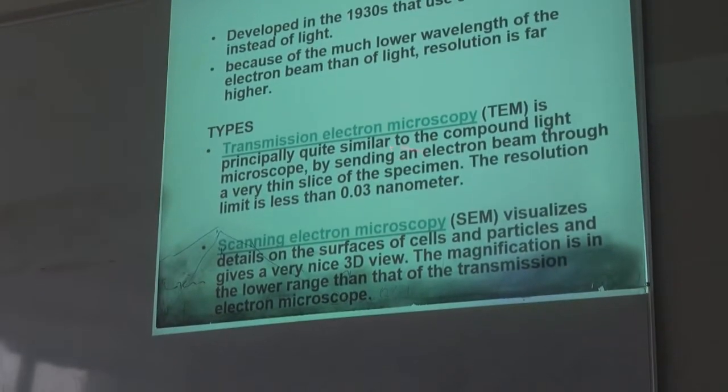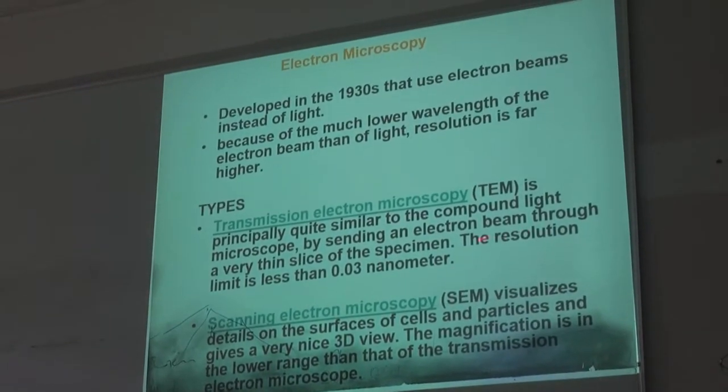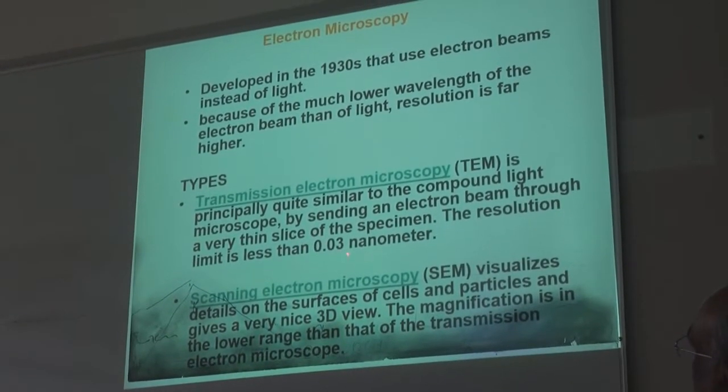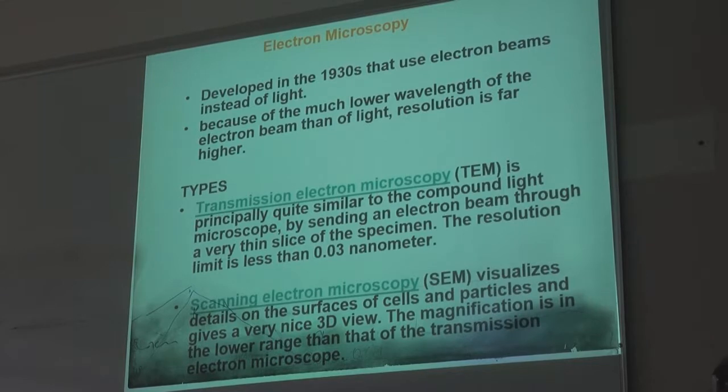In the transmission electron microscope, you can look at even features in angstroms, even atomic scale. You can see atoms, right? Not as good as STM that I'm going to talk about, but you can look at angstrom scale features using TEM.